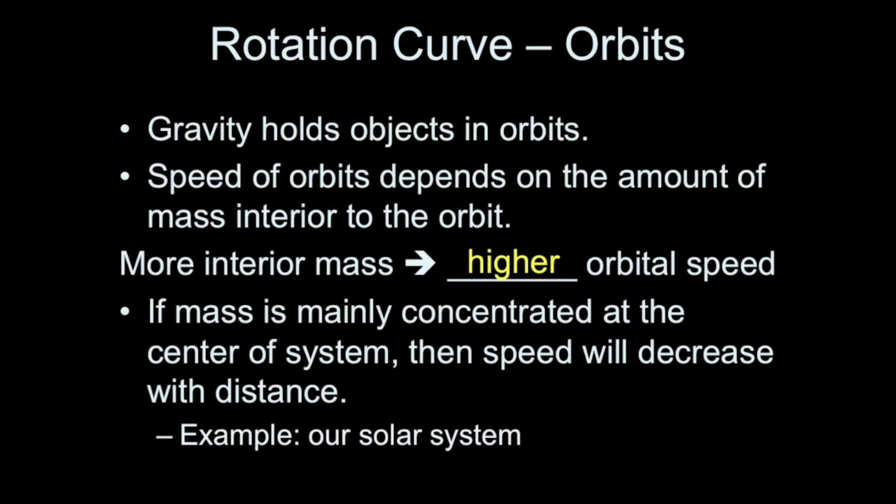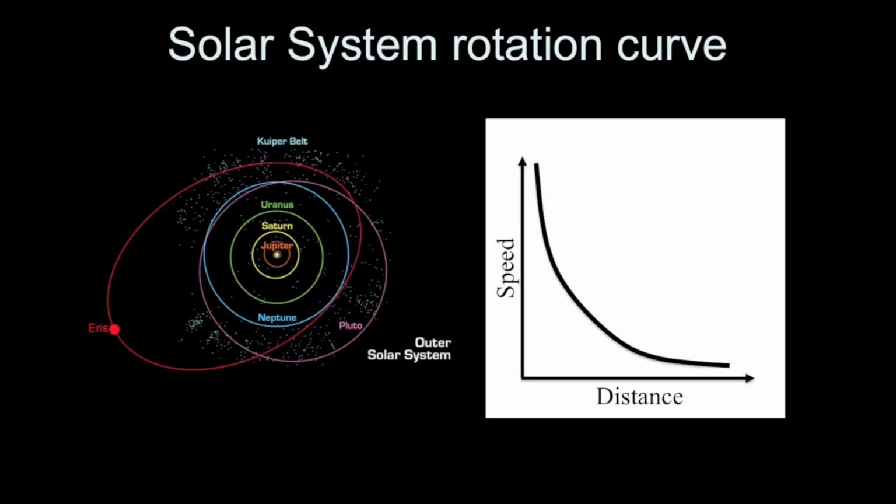So the further away you get from the massive object, you'll have a decrease in orbital speed because of a decrease in gravitational force. A good example of a system like this would be our solar system, and here is the rotation curve for our solar system. As you get further out from the sun, this orbital speed goes down.